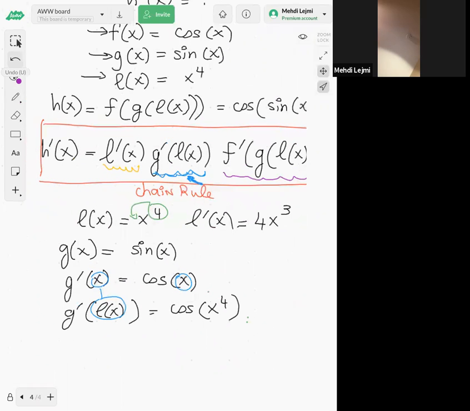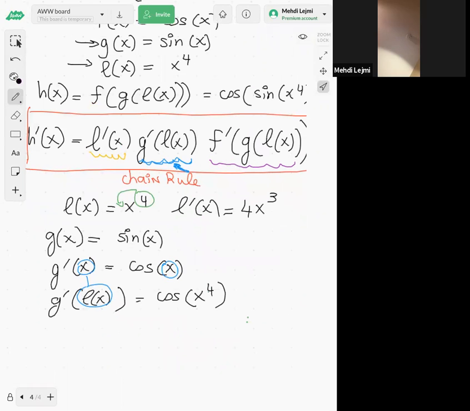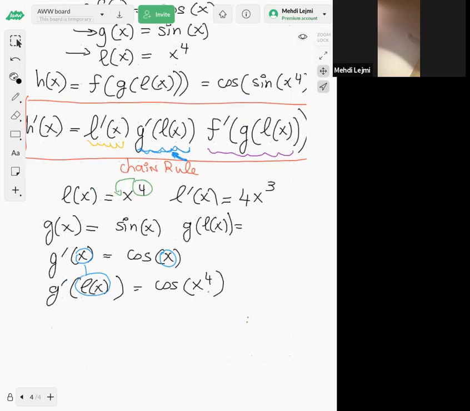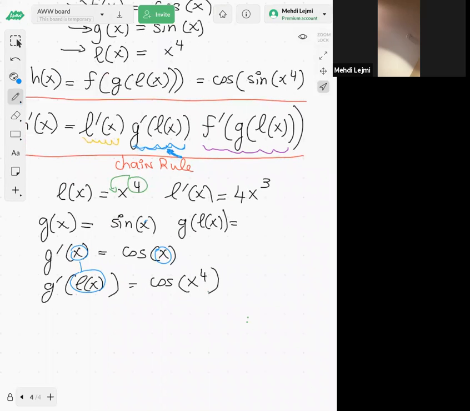Well, g of x is sine of x, then g of L of x: you have to substitute x by L of x. So then g of L of x would be sine of x fourth. My L is x to the power 4. So g of L of x is sine of x to the power 4.